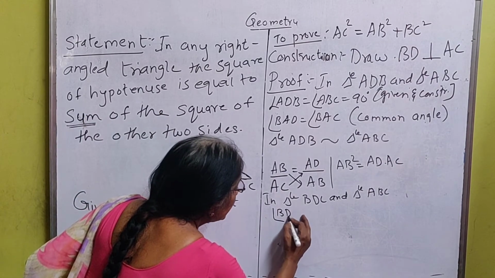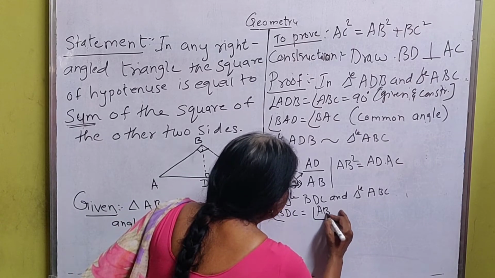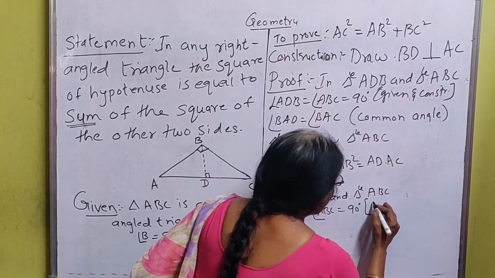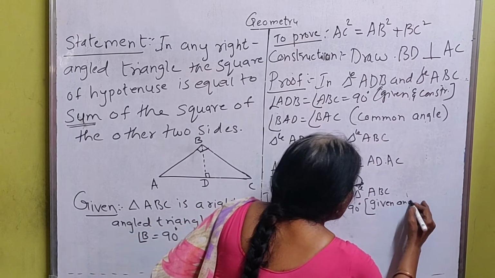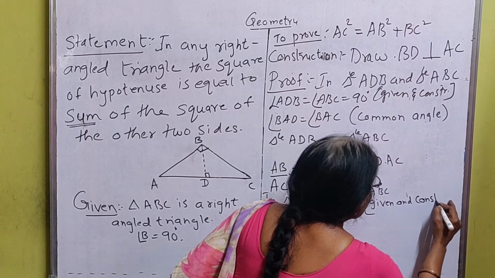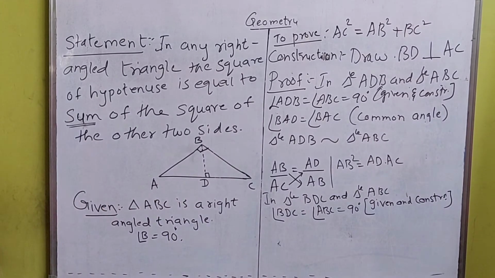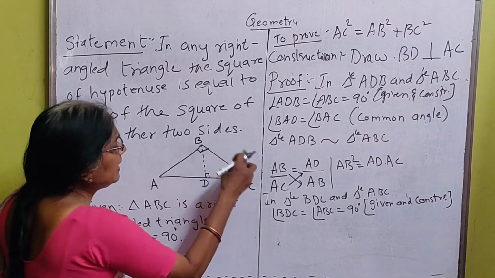Angle BDC is equal to angle ABC, is equal to 90 degrees. The reason is the same. What is it? Given and construction. So we came to know: given and construction. Common angle: C is a common angle.